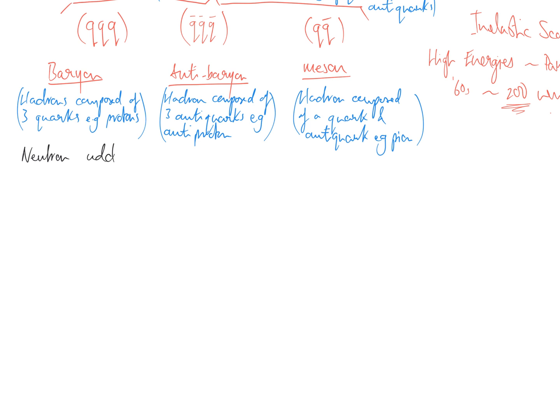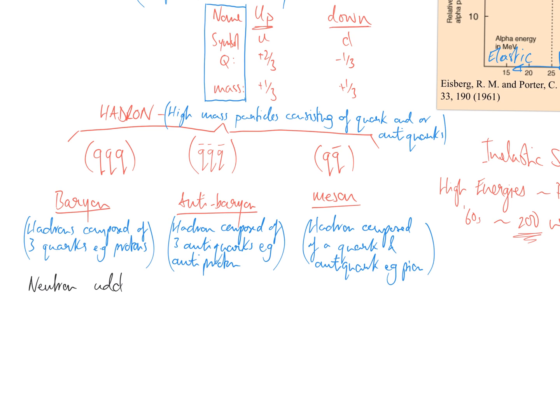And that makes sense, because if we just look at the properties, in terms of the charge, we have 2/3 coming from the up, -1/3 coming from the down, and another -1/3 coming from the other down, giving us 0, which it ought to be. Whereas the mass, each of them has a third mass, which gives us a relative mass of 1 and a relative charge of 0. Neutron makes sense.